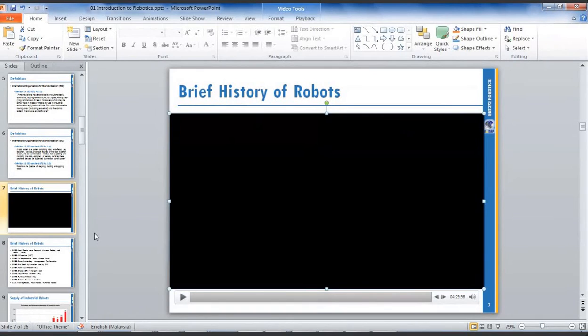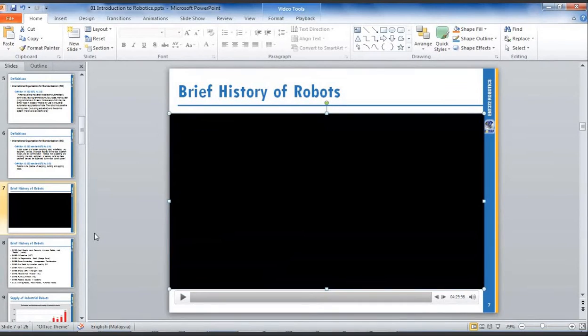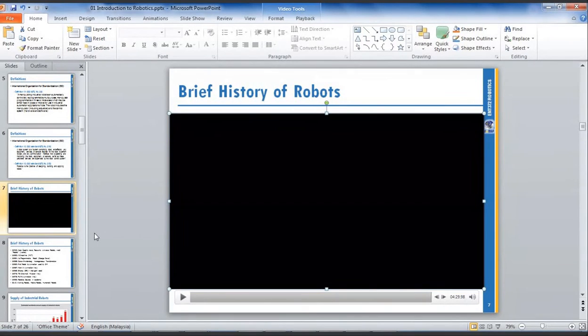Okay, so this is a little bit of history of robotics. Starting from fully mechanical, then adding some electronic parts, and until now they combine electronics and computer programming, and the latest they include AI, artificial intelligence, inside our robot system.